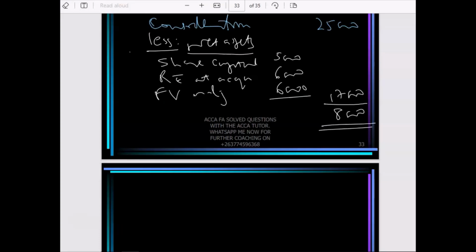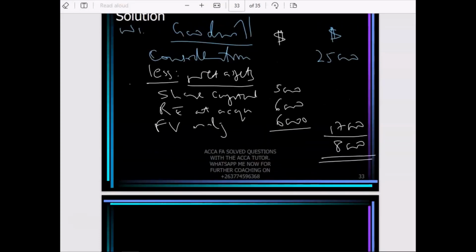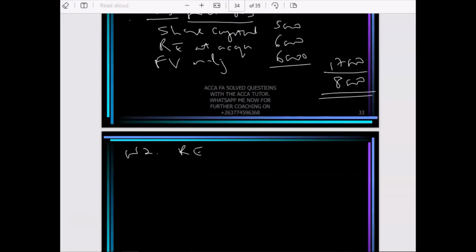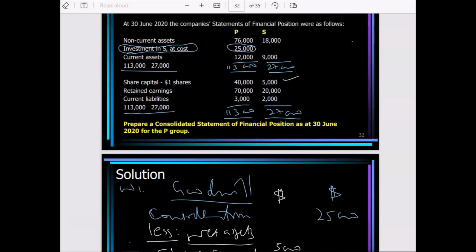That's the goodwill. We can as well do another working for retained earnings. Working 2, retained earnings for this company. We take the parent's retained earnings according to the SFP.